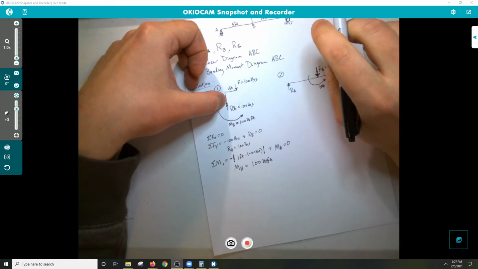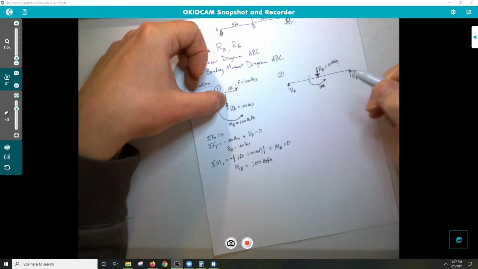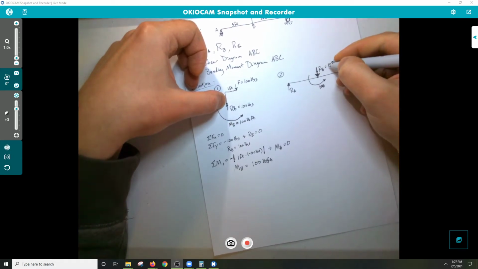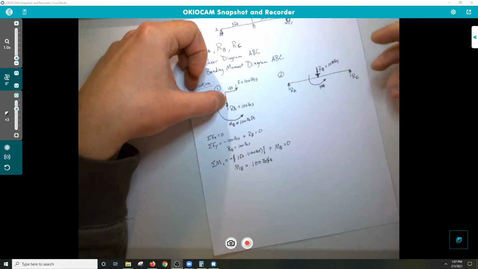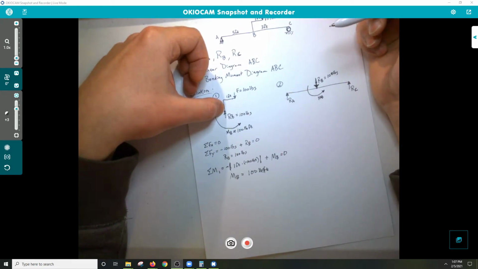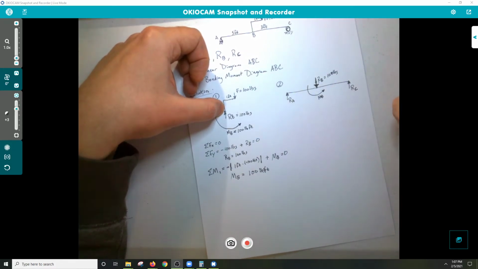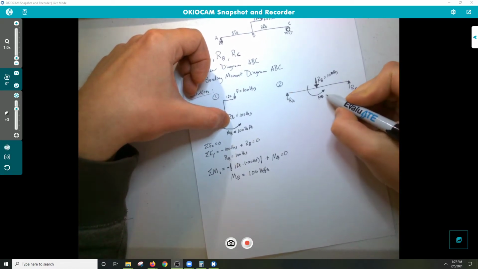So you always assume positive, and if you get a negative, you just know you need to flip the arrow. In this case, RB would have been negative, so I just flipped the arrow. You could put negative in here again, but I lay out my forces as kind of like an absolute value, and then the arrow depicts the positive or negative direction. That's the way I like to do the free body diagrams anyways.